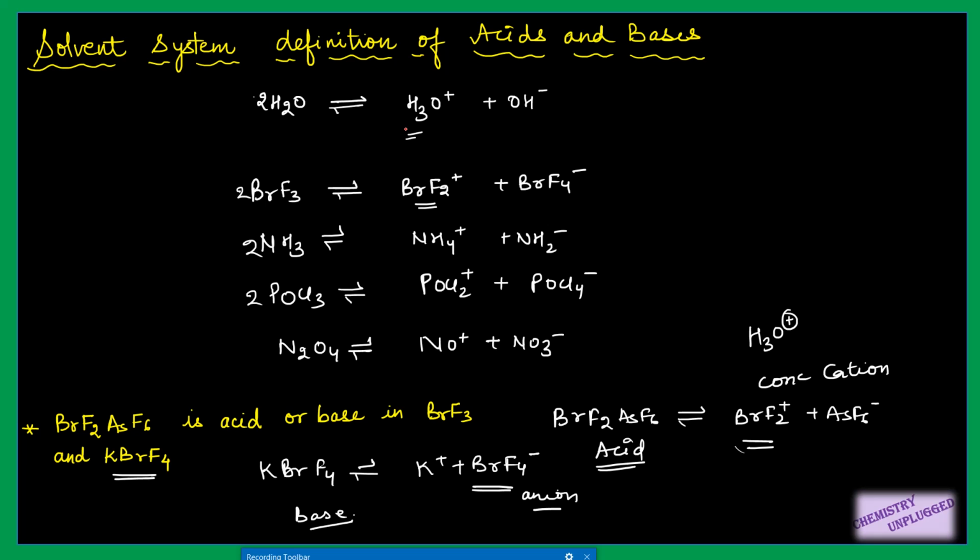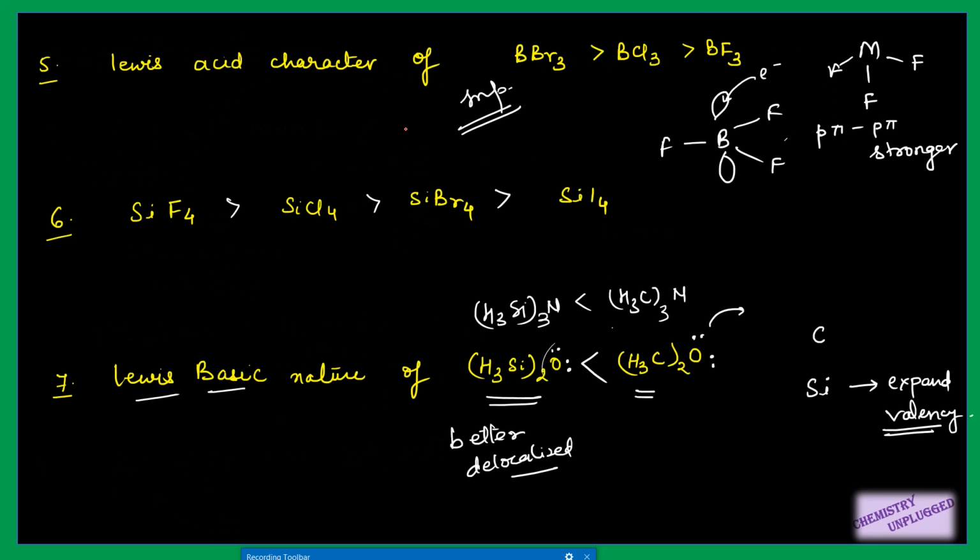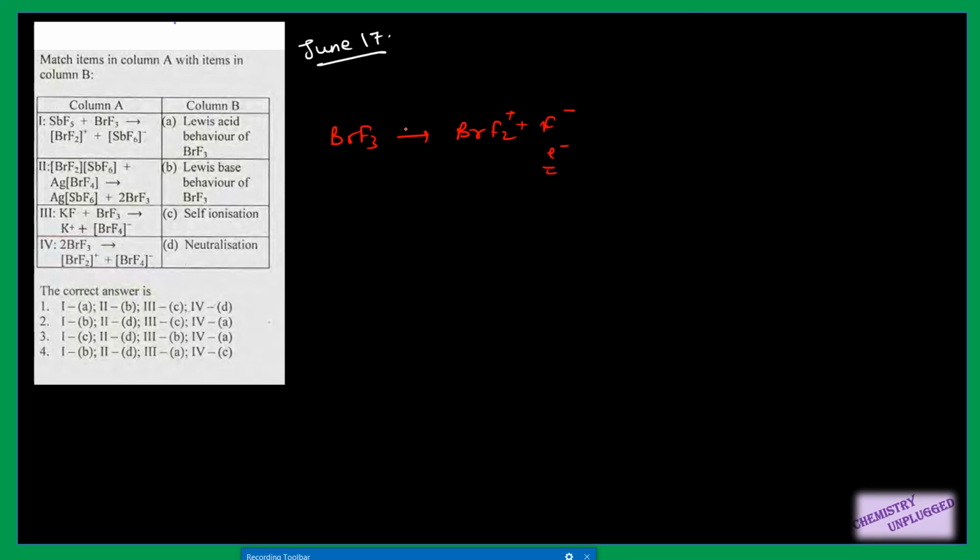We cannot compare it with this concept, this solvent system definition. We cannot compare it with this because it is according to Bronsted acid. You can have the correct answer according to that also, but the right approach is to follow the correct theory. So according to Lewis acid base theory, it is giving electrons to this SbF5, that is why it is acting as a Lewis base.